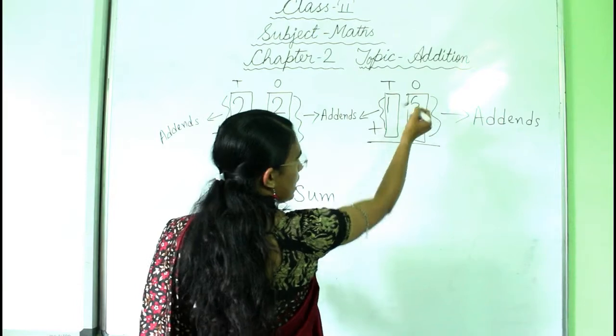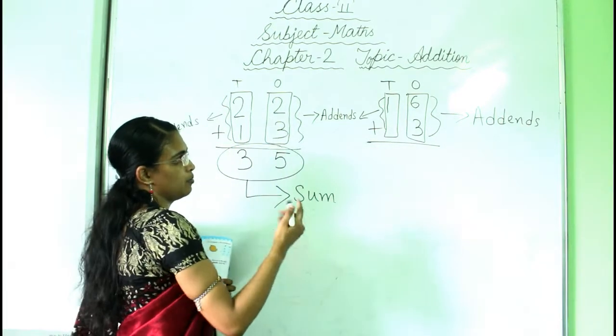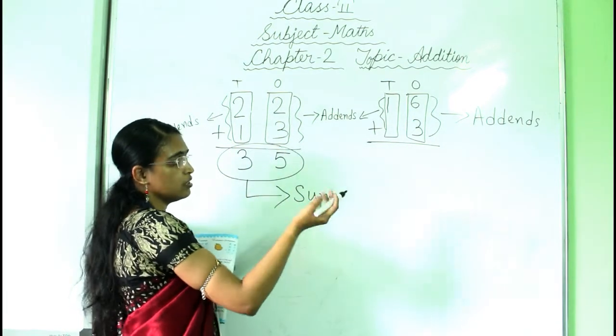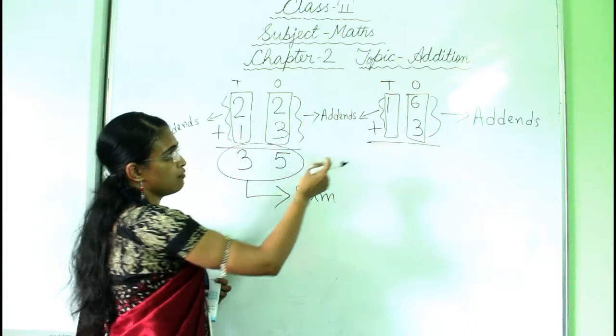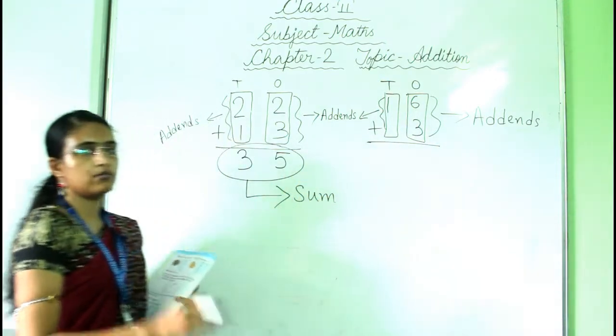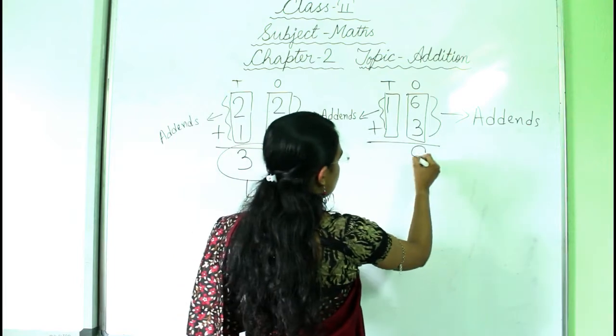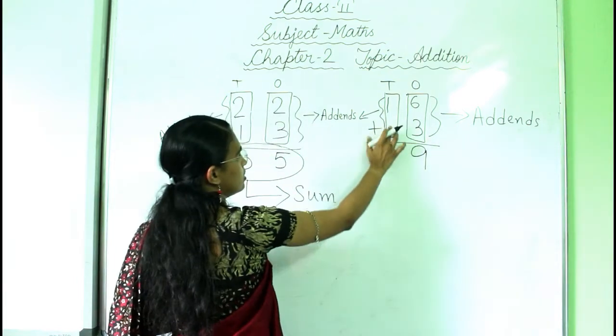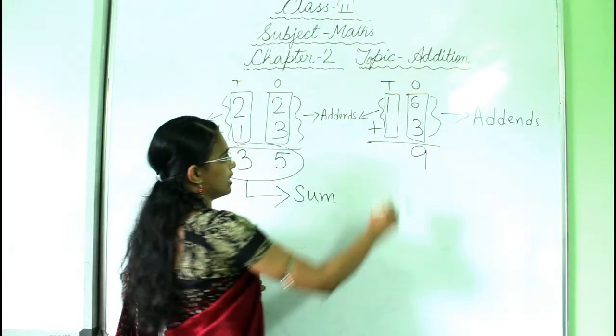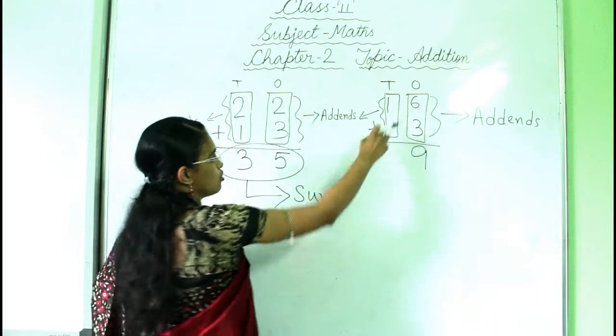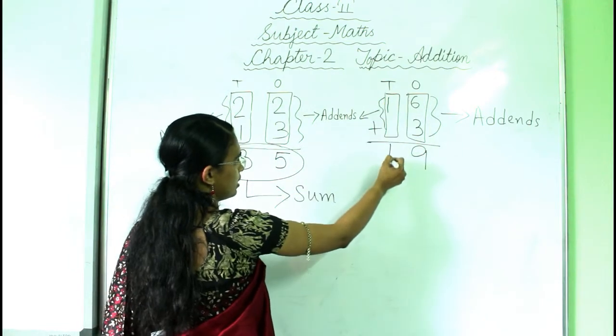Like this one, 3 plus 6. 6 is there, so we have to add 3. From 6 we will add 3. 7, 8, 9. So what will be the answer? 9. And here is there anything? No. That means nothing, which means 0. So we have to put this one in this place.